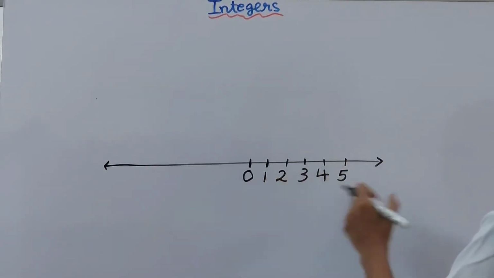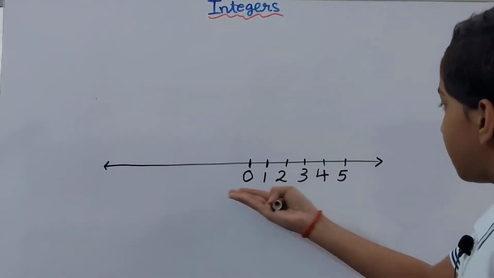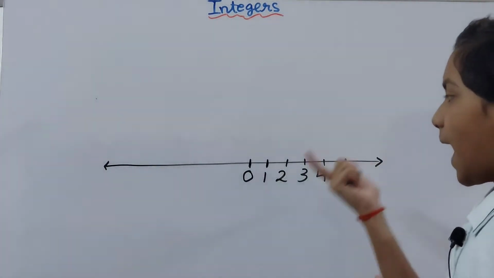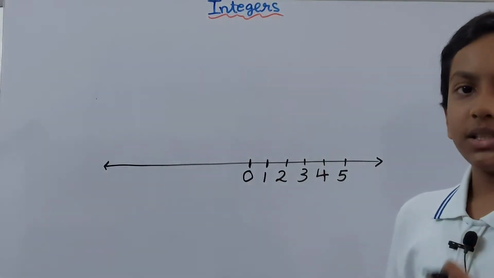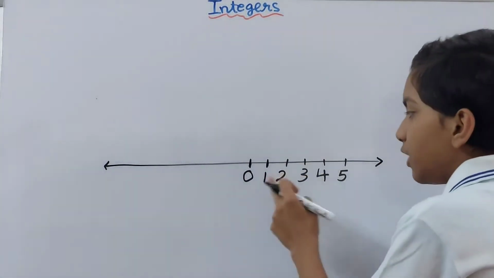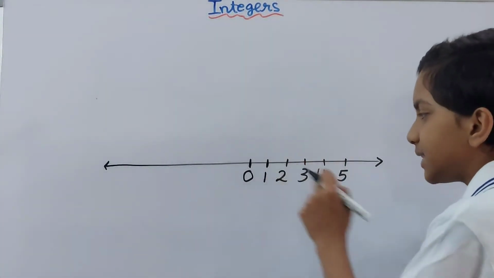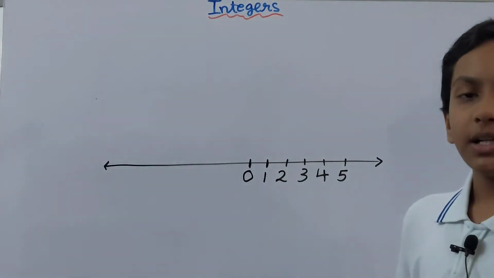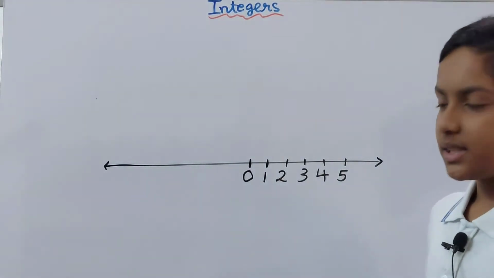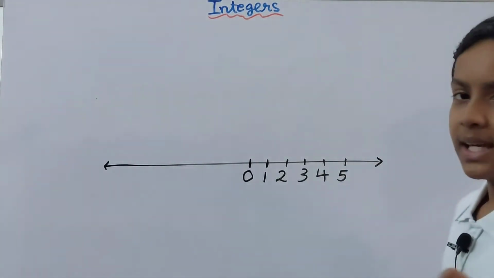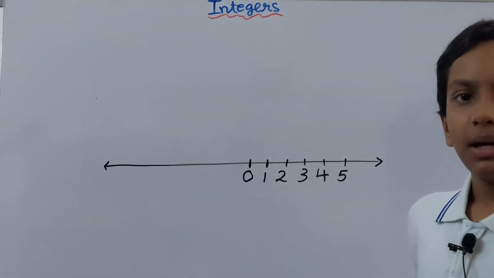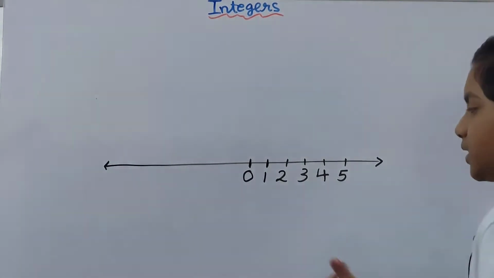As you can see, we have marked the number line from 0 to 5, and these are positive numbers. As I told you, we can add a plus sign, but it is not necessary. If you don't put a plus sign, it is still considered a positive number.